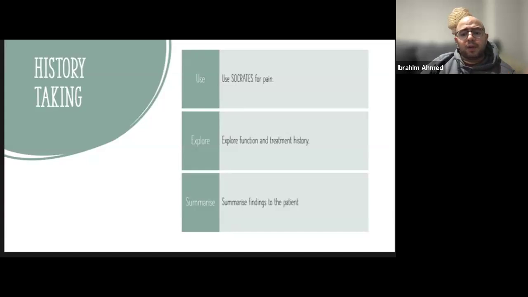Then ask if they had any treatment history, and whether these were conservative or operative measures. And finally, you need to summarize the history to your consultant. Overall, maintain a patient-centered approach, show clarity in your history taking.